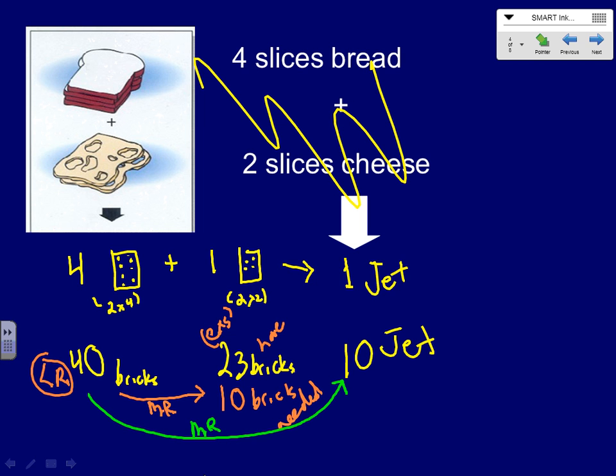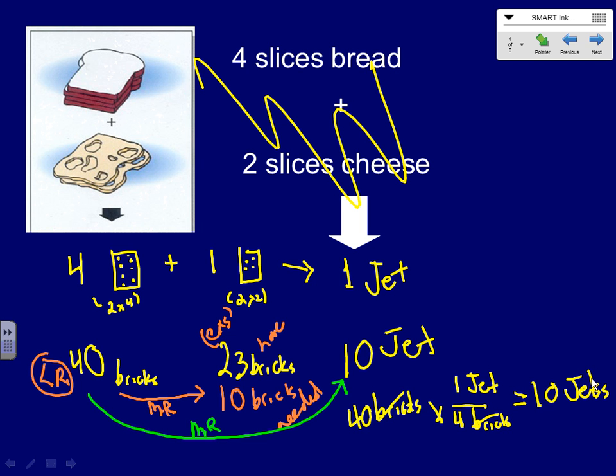So if I were to figure out what we were going to get the same way, I would take a regular conversion factor, 40 bricks times, again, the mole ratio, 4 2x4 bricks to produce 1 jet. And in the end, we end up figuring out just what we thought, that we're going to end up with 10 jets.